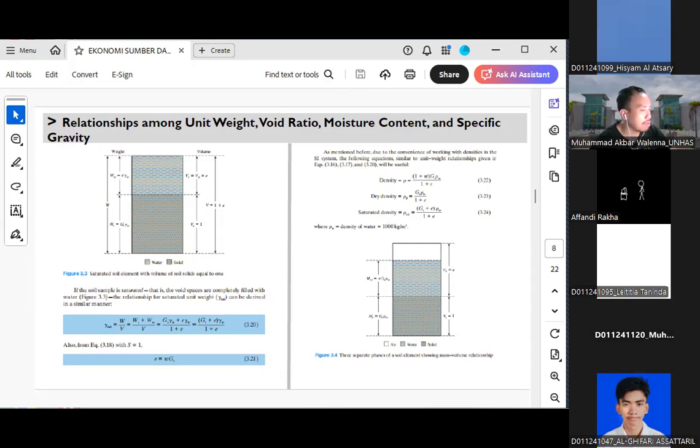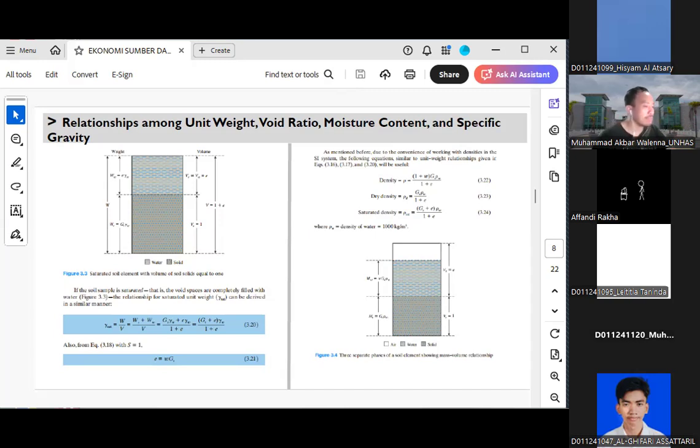I think this is important because many soils in the field, especially the soils below the groundwater table, are saturated with water due to the relative position of the groundwater table. So in that condition, the soil is saturated.